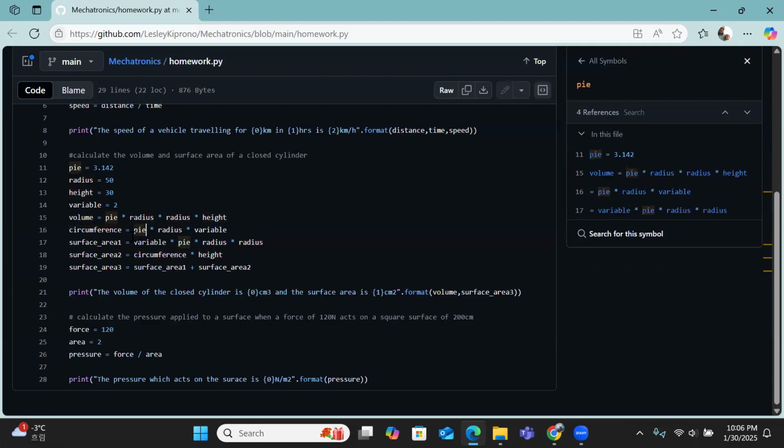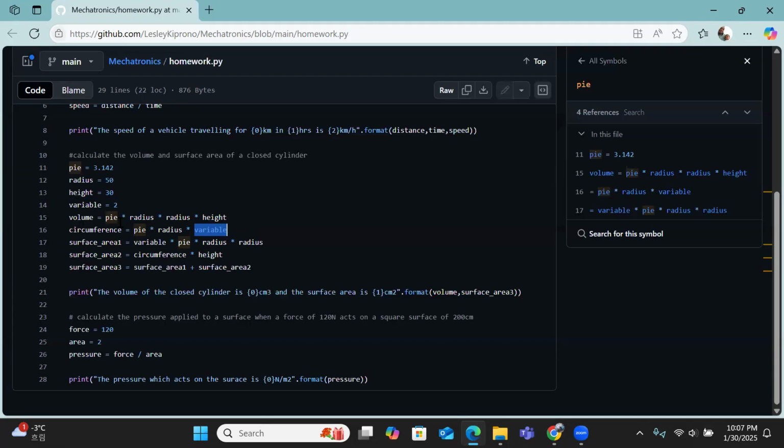What is this variable? Variable is 2. Because I couldn't write times two. It's okay, you can do times 2. I just wrote a variable of two.